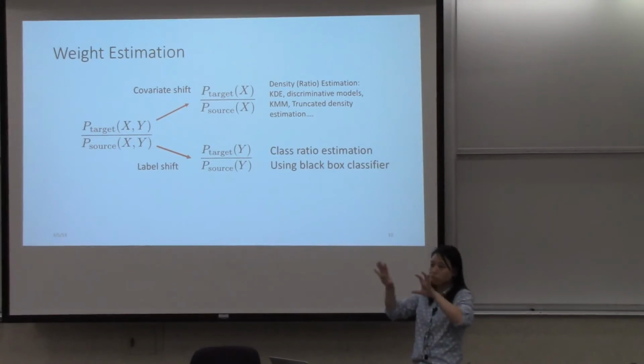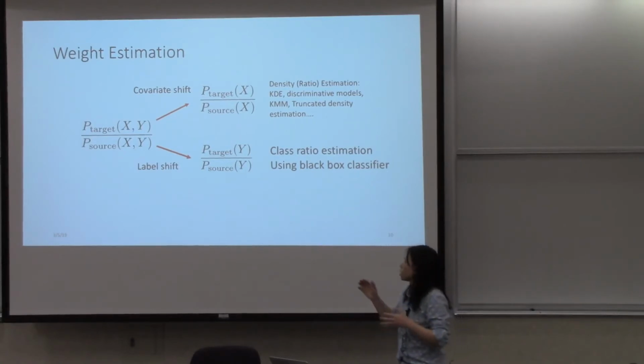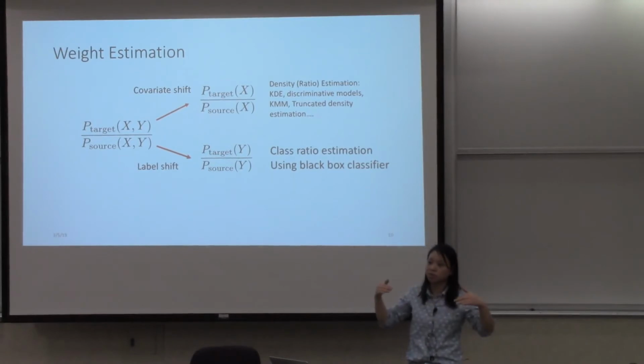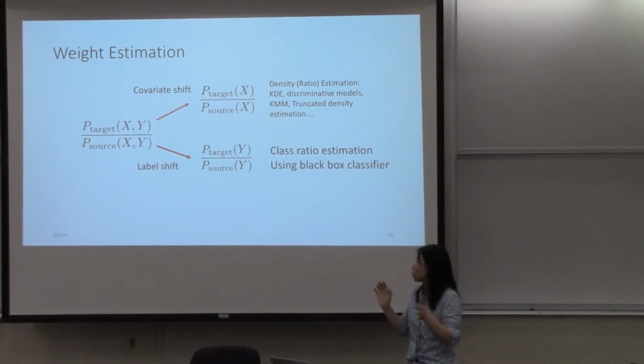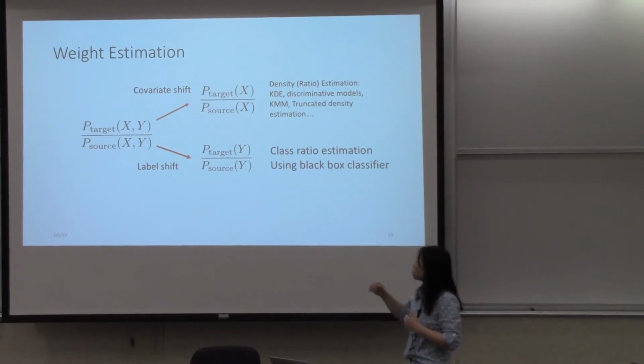Usually, you want to estimate these class ratios because, for example, in this label shift case, if you have 10 classes, then this P target Y is just a 10-dimensional vector, which is the distribution of how many examples there are in each of the labels. This is exactly how you want to get the class ratios between the source and target estimated. And then we'll introduce one of our recent methods using a black box classifier.